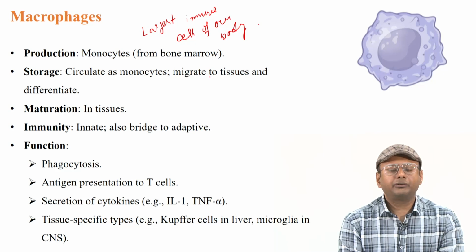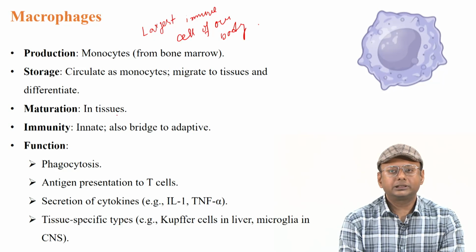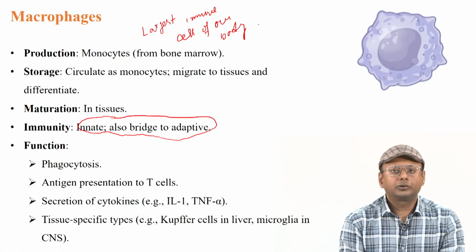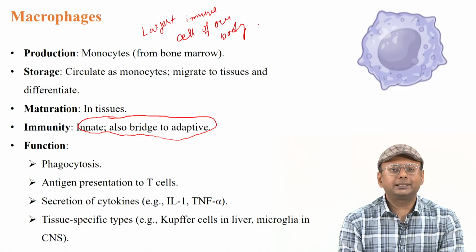In terms of immunity, macrophages play a very important role in innate immunity, and also have a crucial role in bridging the gap between innate and adaptive immunity.